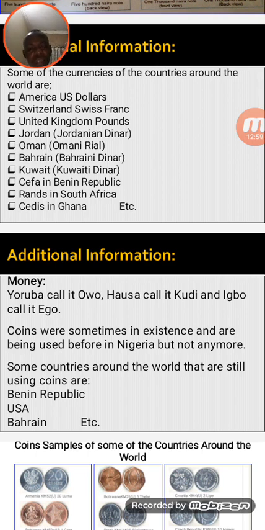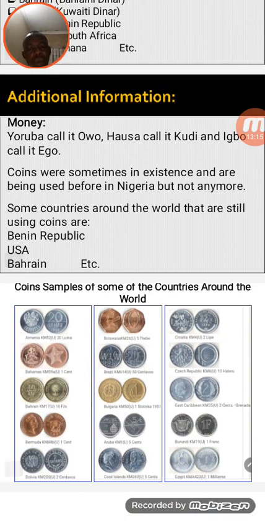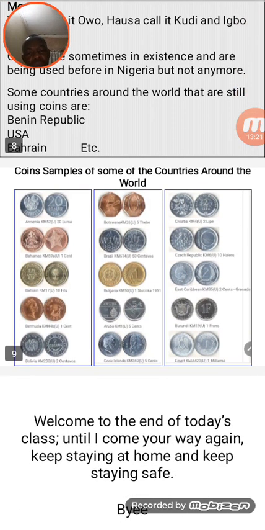Some countries around the world are still using coins. Examples are Benin Republic, USA, Bahrain, and so on and so forth. Coin samples of some of the countries around the world are shown below. So you can go through that for identification and recognition.